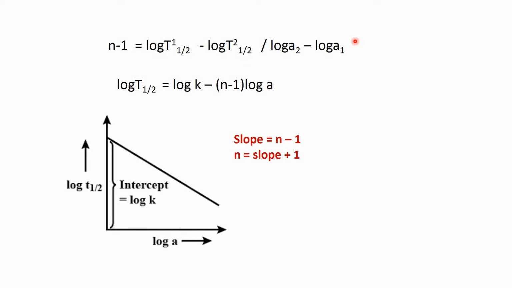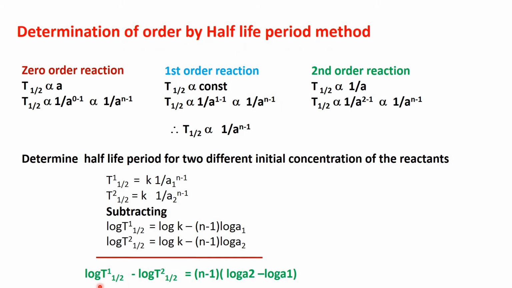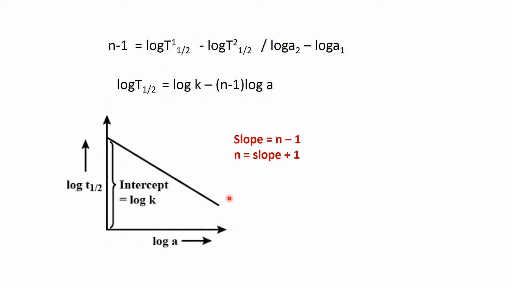You can calculate n. Otherwise, if you write this equation in the general form, that is log T half is equal to log K minus n minus 1 log A, where A is the concentration of the reactant.